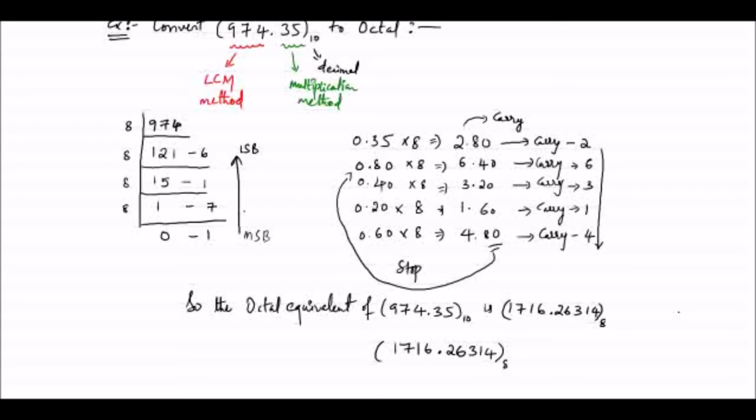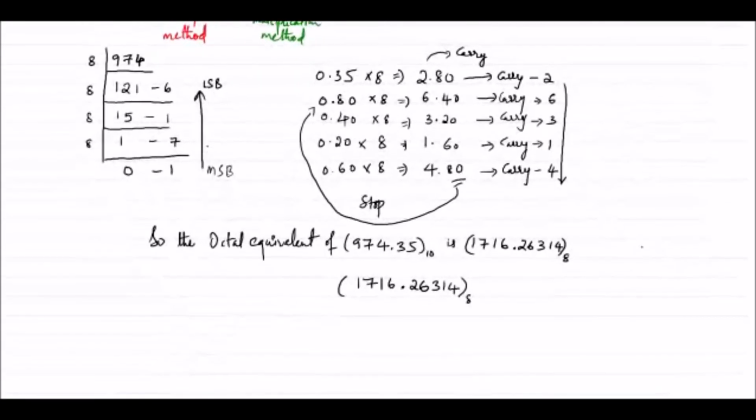In the division method we write from bottom to top, and in the multiplication method we write the values from top to bottom. So the octal equivalent value of the decimal number 974.35 is 1716.26314. Okay.